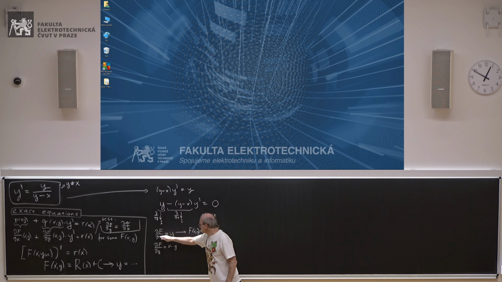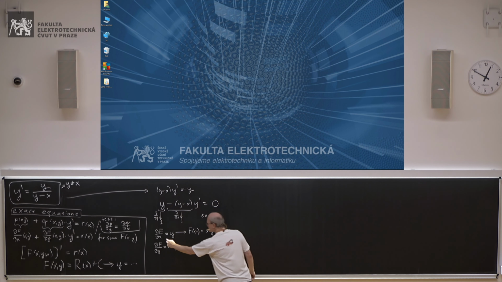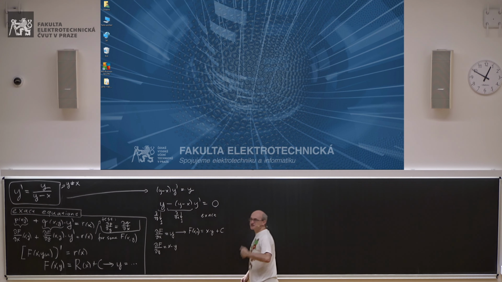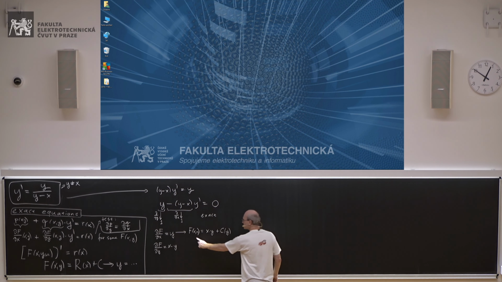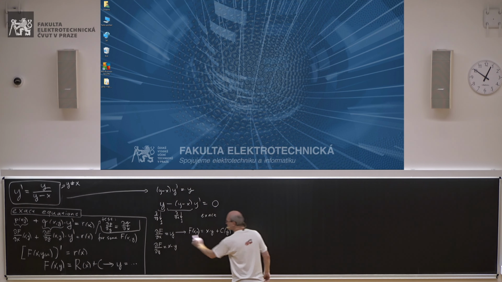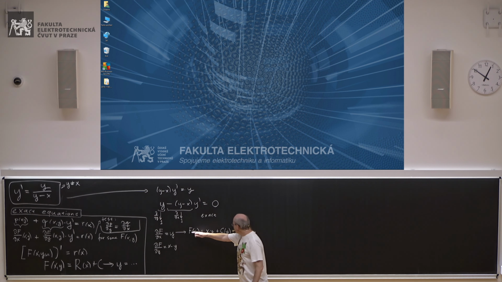So I'm integrating with respect to x to get x times y plus a constant. Now the trick is that I was integrating with respect to x, so I did not see the variable y. This part c could be a function of y. Let me check. If I take the partial derivative by x, this becomes y, and this disappears. Yeah, it works.